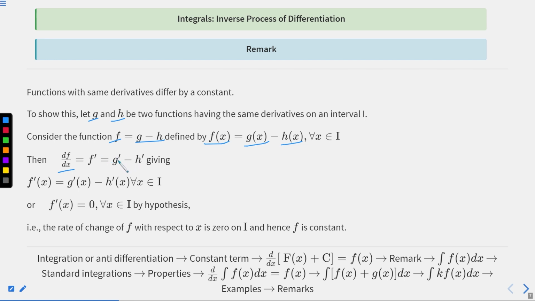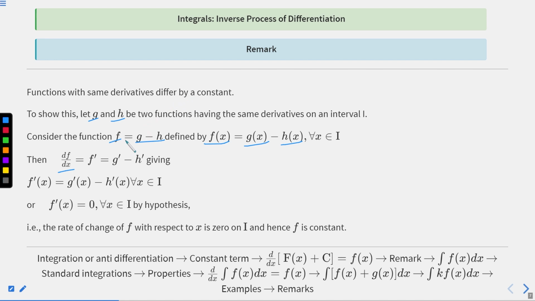Prime means the derivative with respect to x. So f prime x equals g prime x minus h prime x for every x belonging to I, or f prime x equals 0 for every x by the hypothesis. Why? Because their difference is some constant number. Functions with the same derivative differ by a constant number, we are saying.